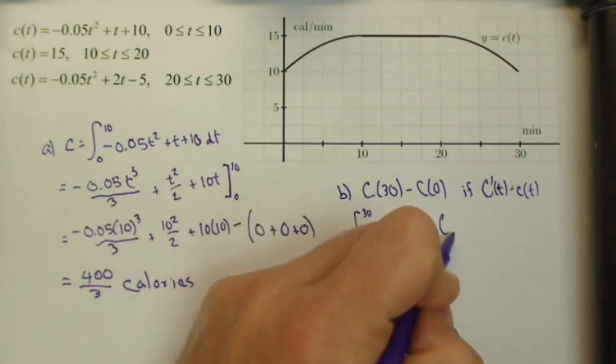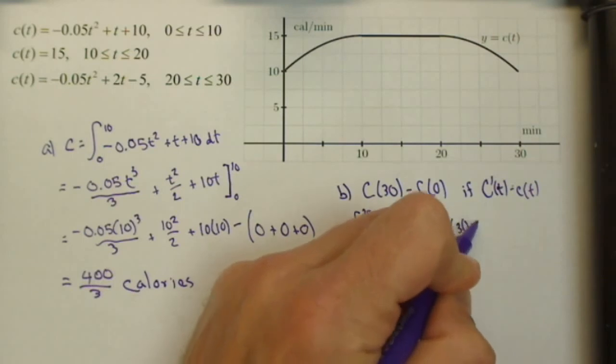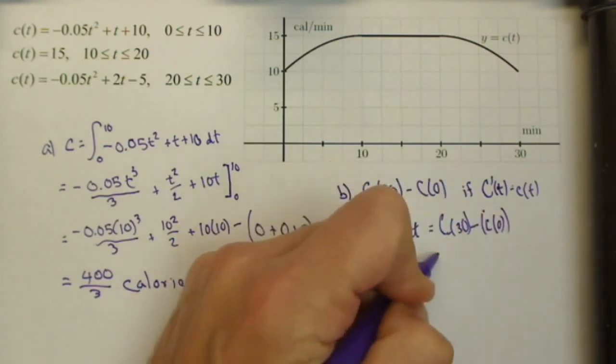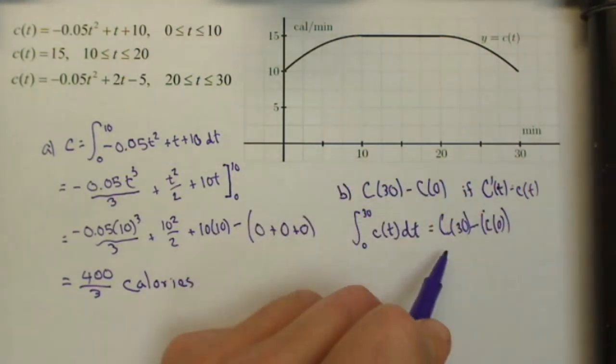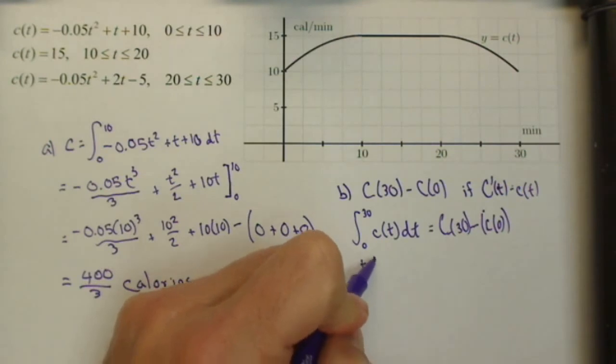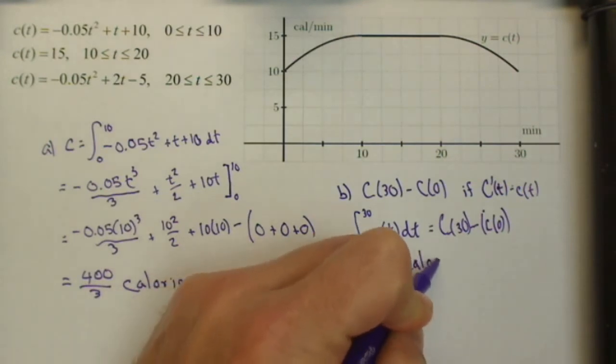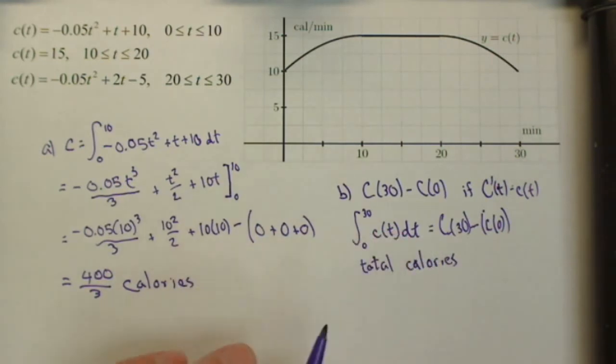Gives us this capital C of 30 minus C of 0. So that's going to give us the total number of calories burned between 0 and 30 minutes. And we'll go ahead and calculate that in the next part.